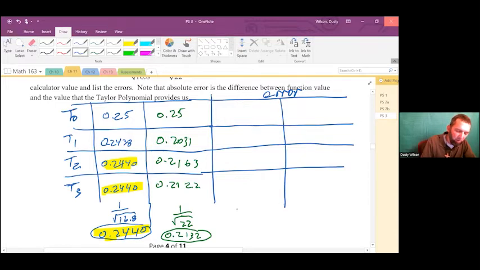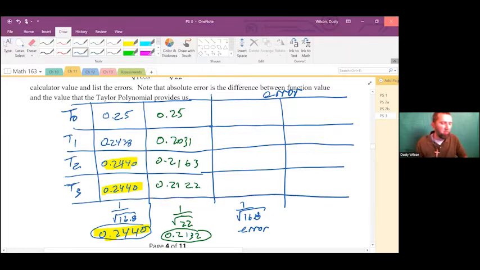So if we look at the 1 over square root 16.8 error, it'd be 1 over the square root of 16.8 minus 0.25, but I want it in absolute value.